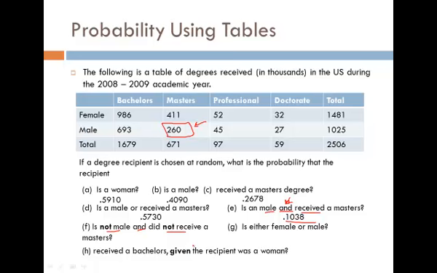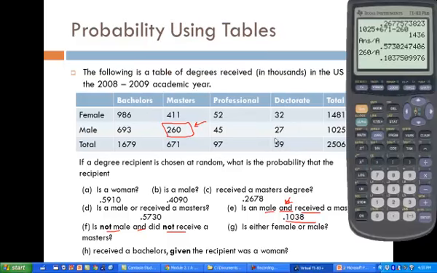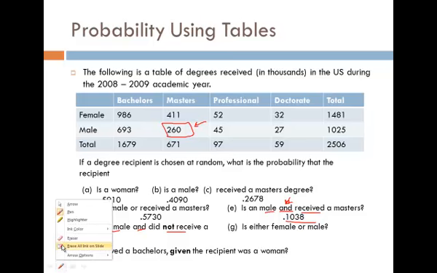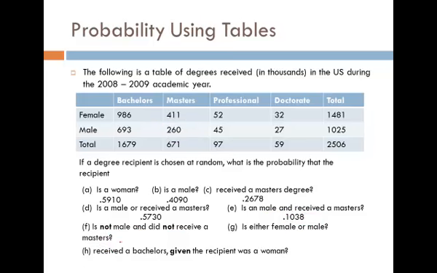This is a little bit trickier. So let me erase the slides again. Not male implies female, right? But we're also interested in those people that were female and also did not get a master's degree. So that's these women, and these women.